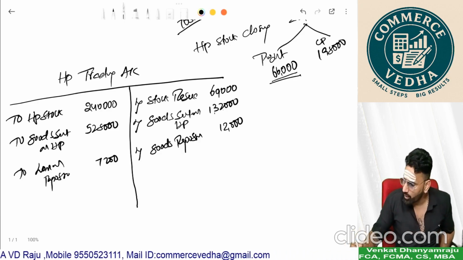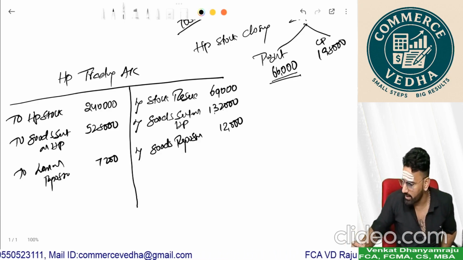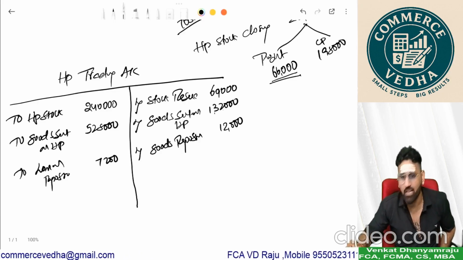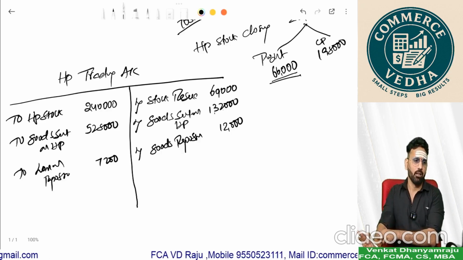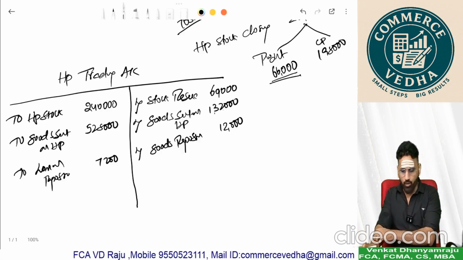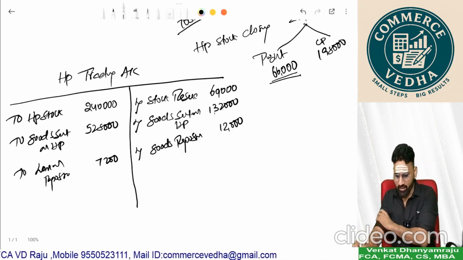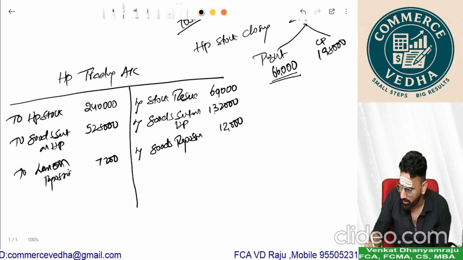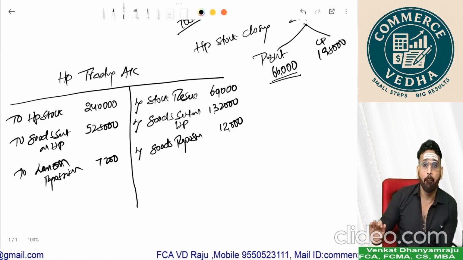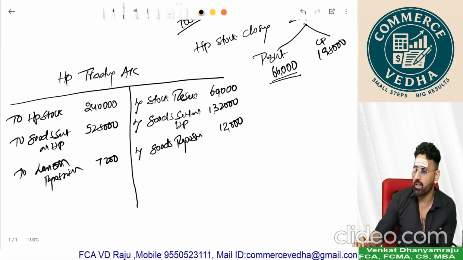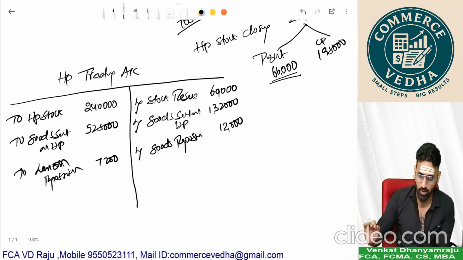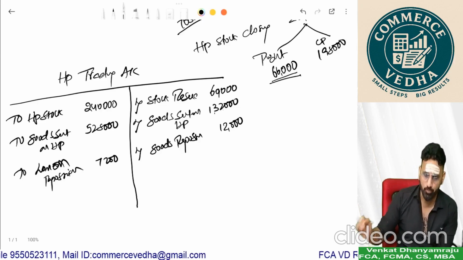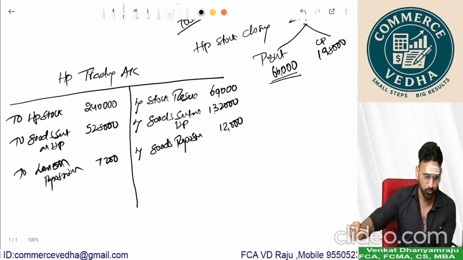So either you can post 12,000 and 7,200, or directly you can say by goods repossessed, net value 4,800. Either you post the net, or you post the gross on the credit side and mention the loss on the debit side. Both are permissible. It is not that it should follow the same system. Ultimately, your stock should be there in your account with the value.